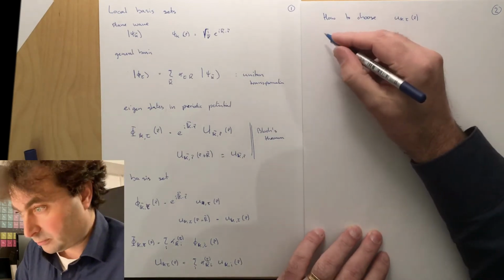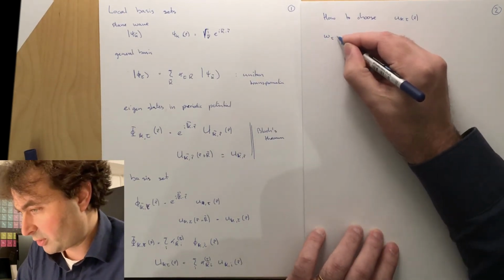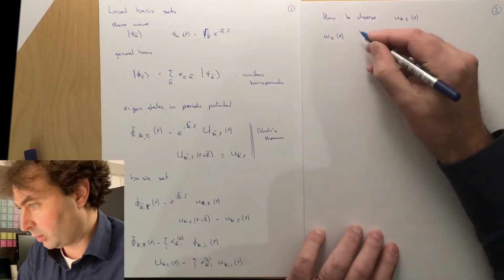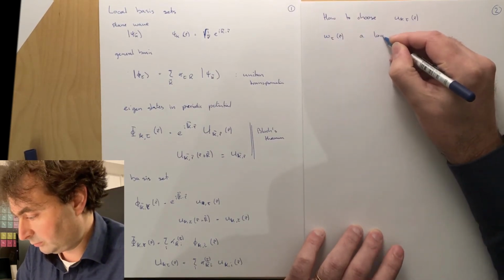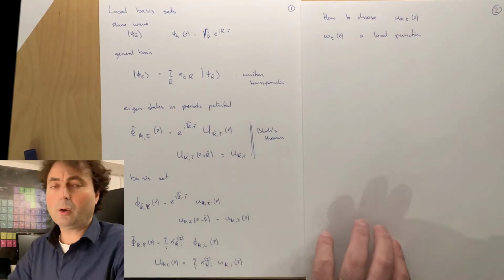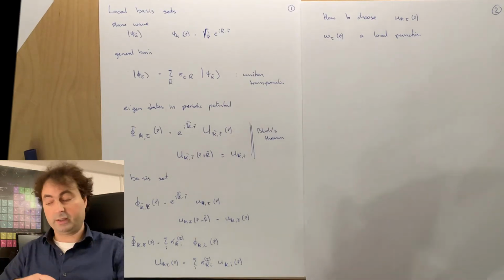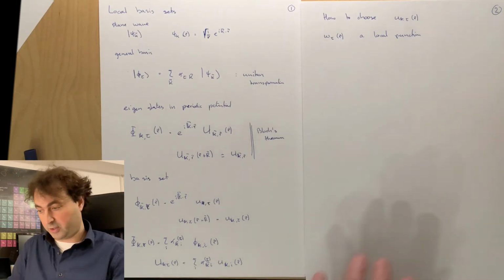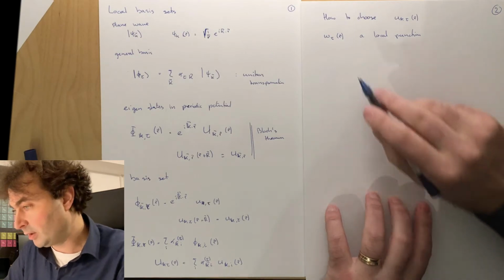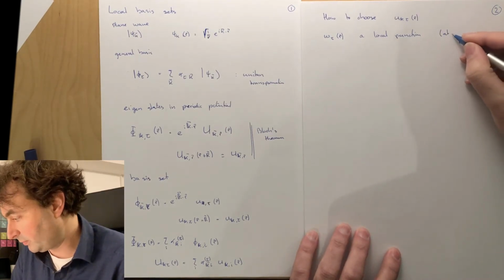And in order to make this set of periodic functions, we can start by choosing a local function. A local function, in principle, is any function that after some range exponentially decays and is normalized. And we can choose the atomic functions for this.